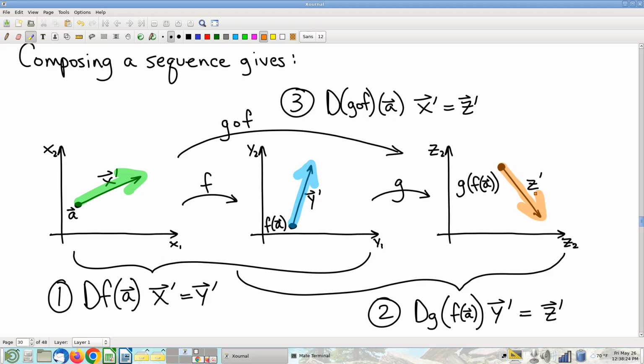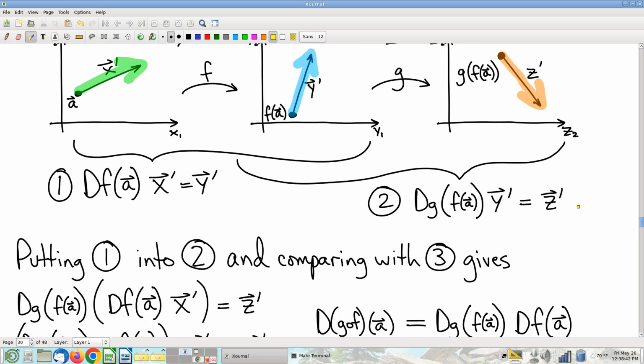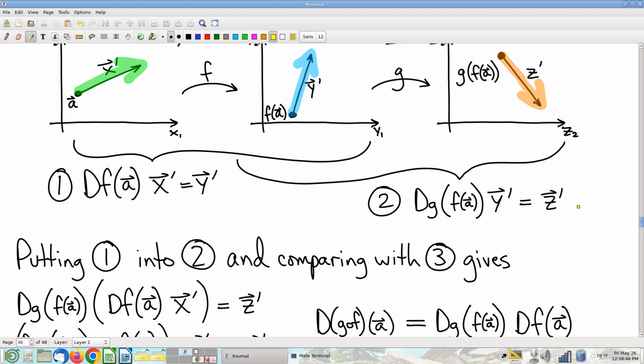So said differently, if you know x prime, namely the velocity in the x space, that allows you to conclude the velocity in the y space, which allows you to compute the velocity in the z space. Now, altogether, let's see here. Can I fit? Yeah, I can. Close enough.